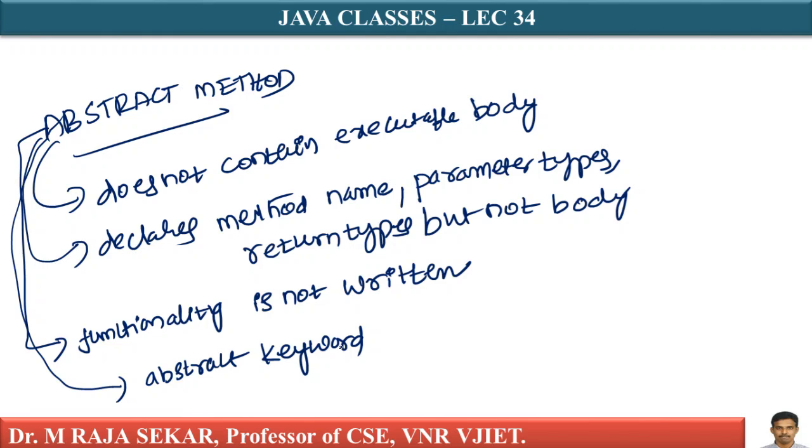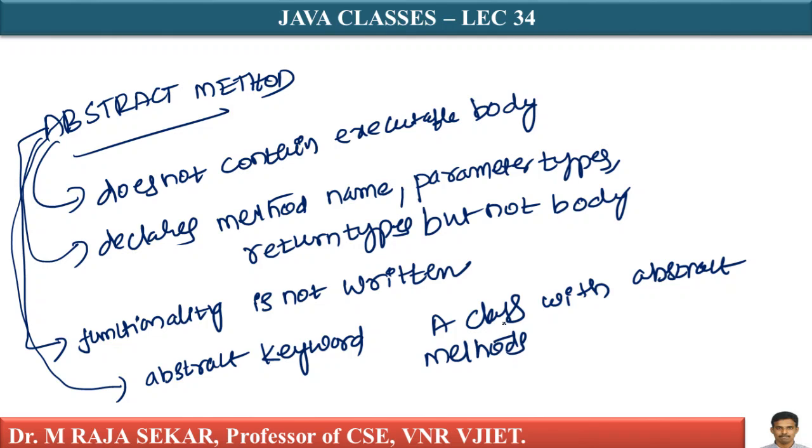An abstract class allows us to design a new class. A class with abstract methods should be abstract. This point is important.